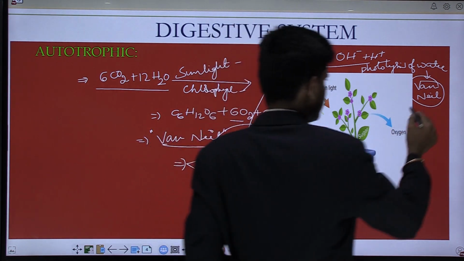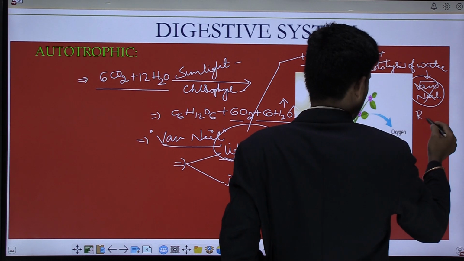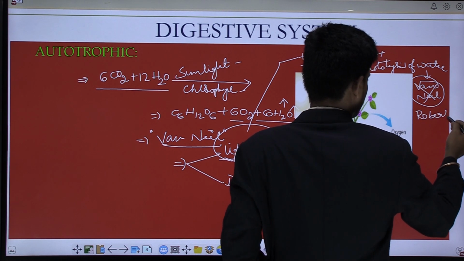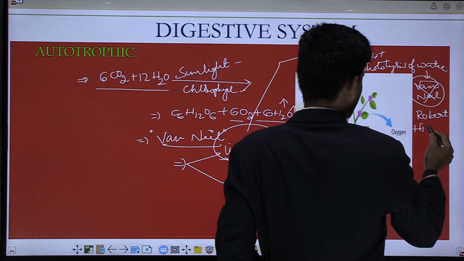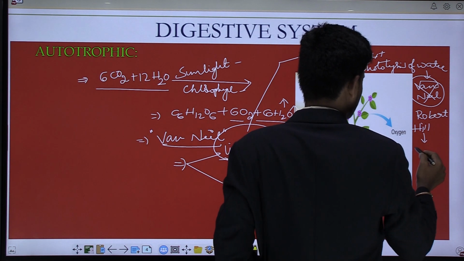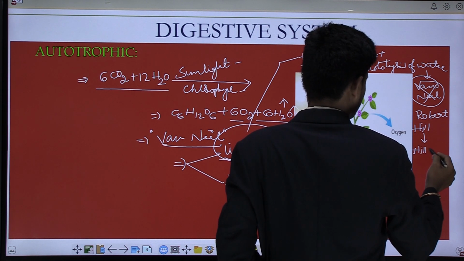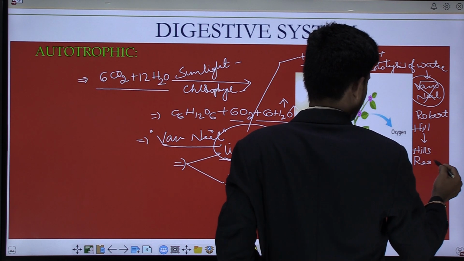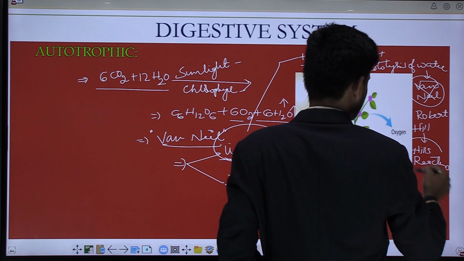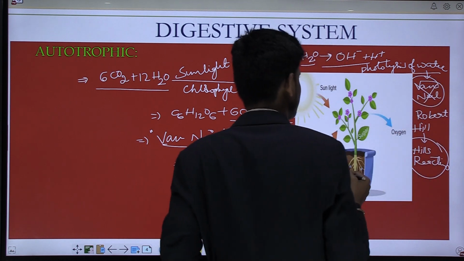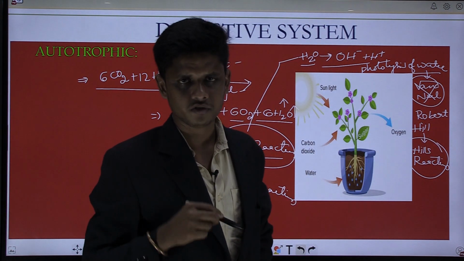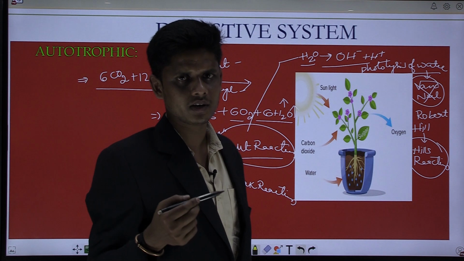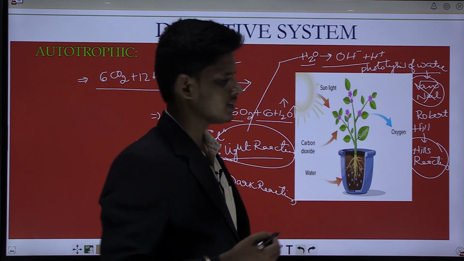Sorry, it is not Van Niel, it was discovered by Robert Hill. It is called Hill's reaction. Hill's reaction means photolysis of water. Here the H2O water molecule gets dissociated into OH minus and H plus ions.